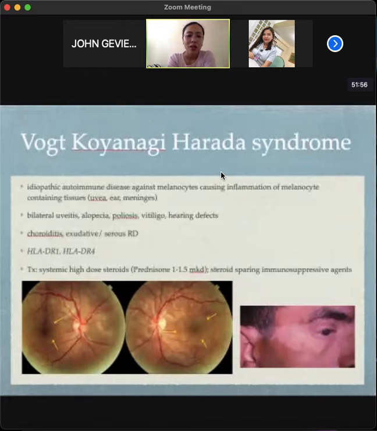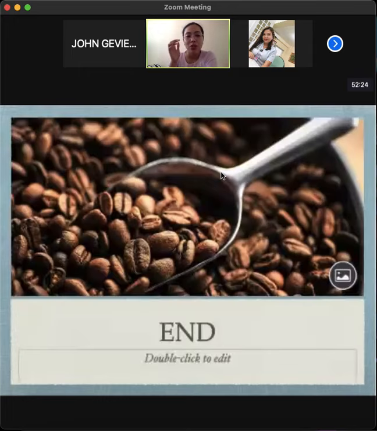We see bilateral posterior uveitis with multiple serous detachments, with associated systemic signs of poliosis, alopecia, white hair, vitiligo, or deafness. Again, it is associated with HLA-DR1 and DR4. Treatment would again be high dose systemic steroids. That's the end of the lecture.